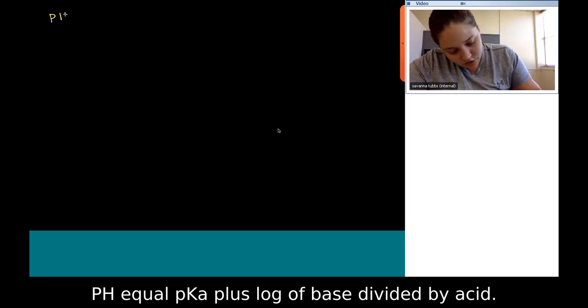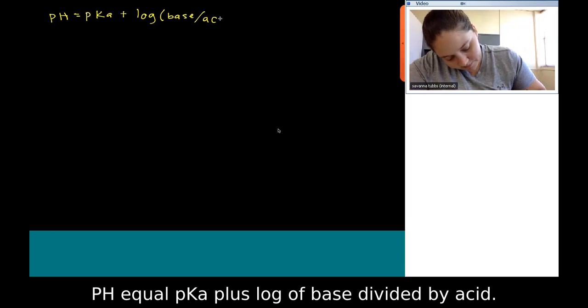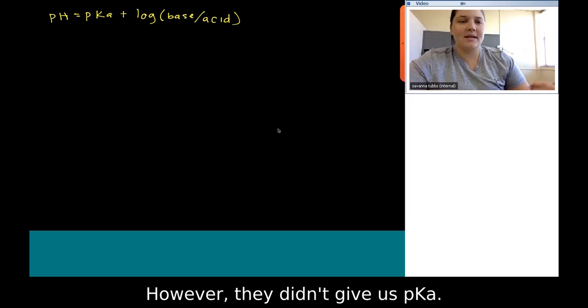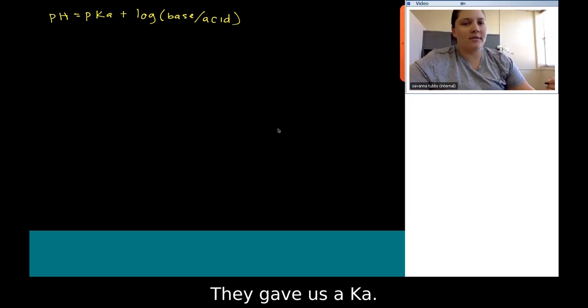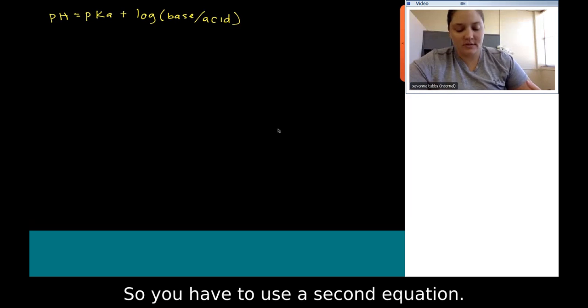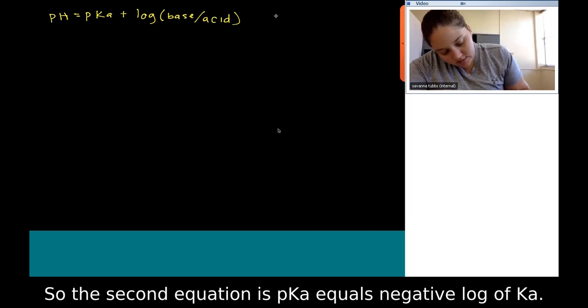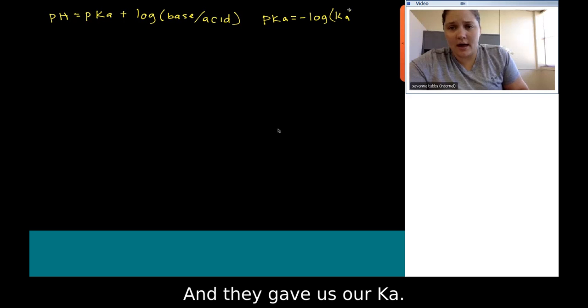For this one, we can use that exact same equation. pH equals pKa plus log of base divided by acid. However, they didn't give us a pKa, they gave us a Ka, so you have to use a second equation: pKa equals negative log of Ka.